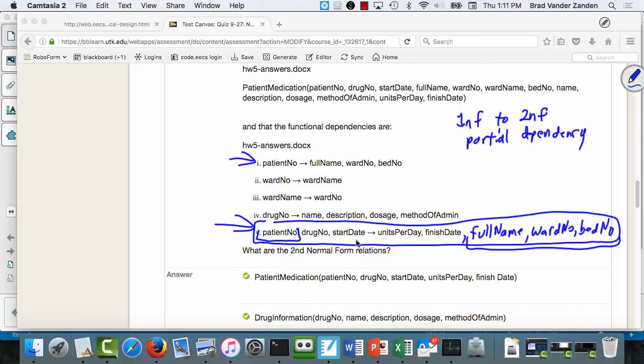Like I said, though, because I find it so confusing what the book did, I won't ask you to define a partial dependency on the test. The only time I will expect the words partial dependency is when I say, when you go from first normal form to second normal form, what type of dependency are you using? Please respond partial dependency.